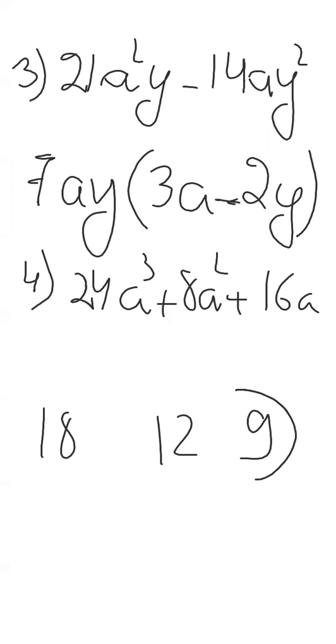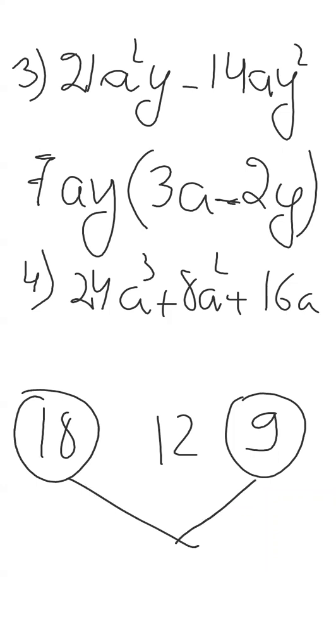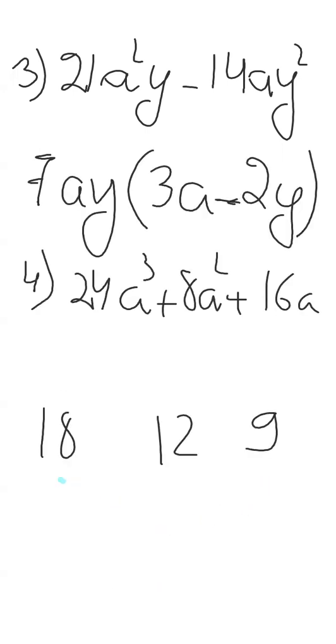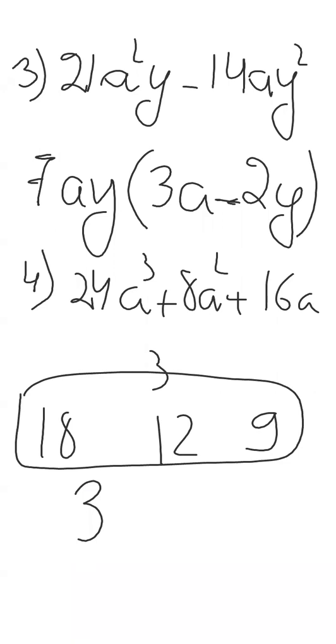But with 9 there is no 6, so you can't take the 6. Understood? Also between 9 and 18 there is 9, 9 times 2, but with 12 I don't have 9 as a common factor, so you can't take the 9. So the only common factor with respect to these three numbers is 3, and all of them contain 3.